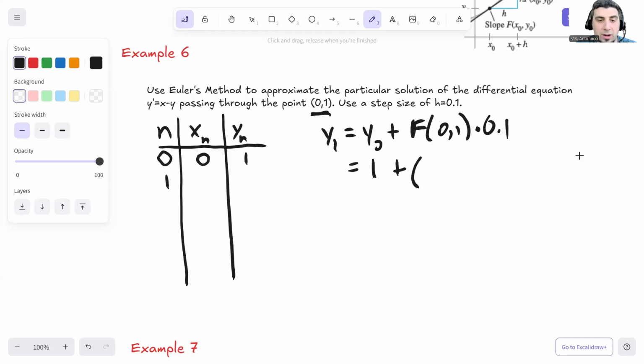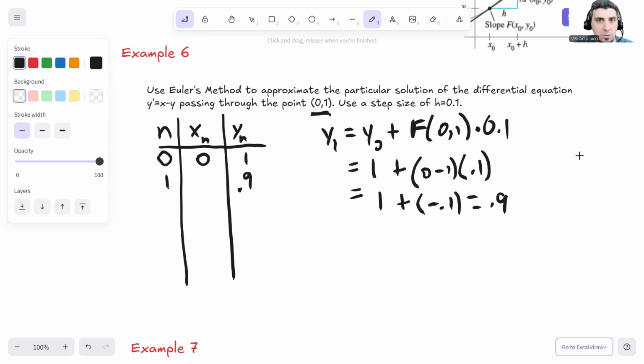So 0, 1, x minus y would be 0 minus 1 times 0.1. So you have 1 plus, negative 1 times 0.1 is negative 0.1, which is going to be 0.9. So this is our y1 value, which is 0.9. Now the x value, that always goes up by 0.1. That's how much our step size is.